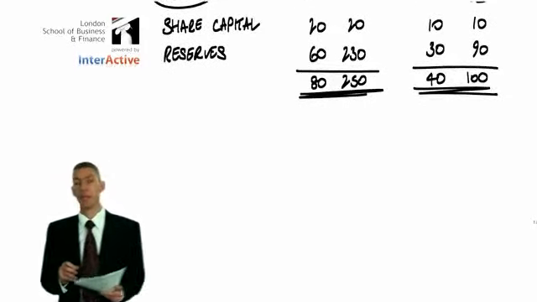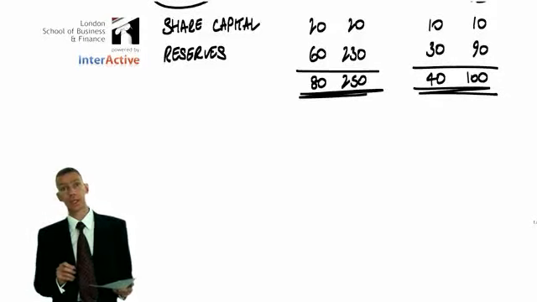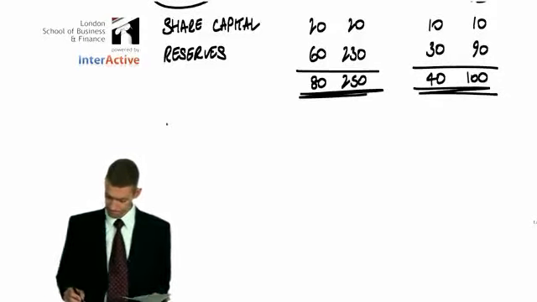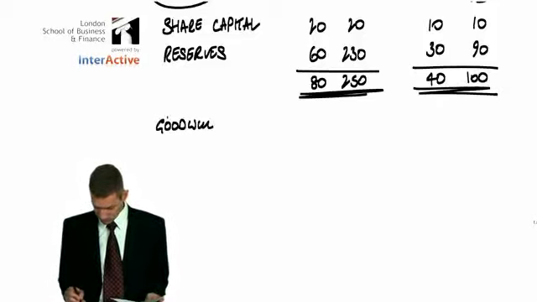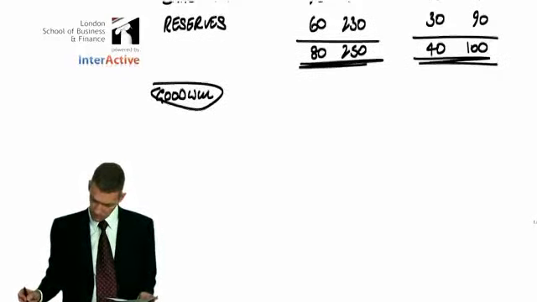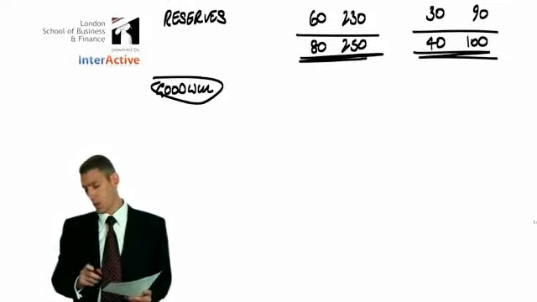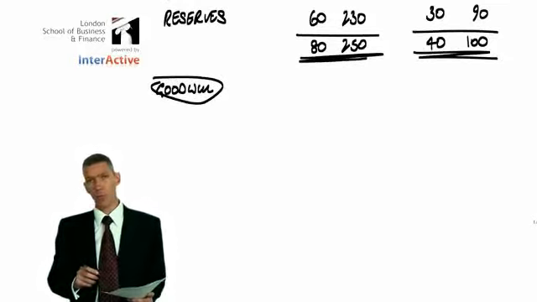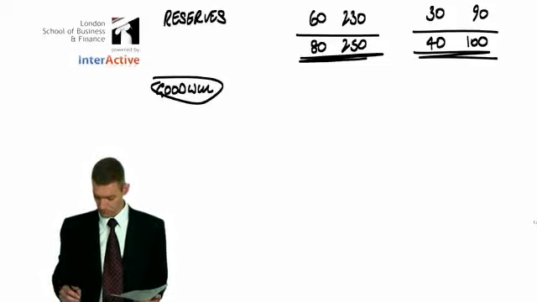And the principal aim of this calculation, the net assets calculation, is to enable us to calculate goodwill. So we're going to calculate the goodwill, and I think I'm going to put them next to each other.